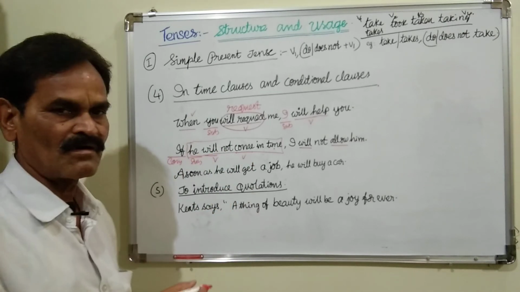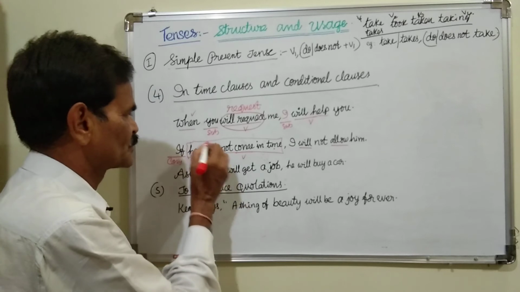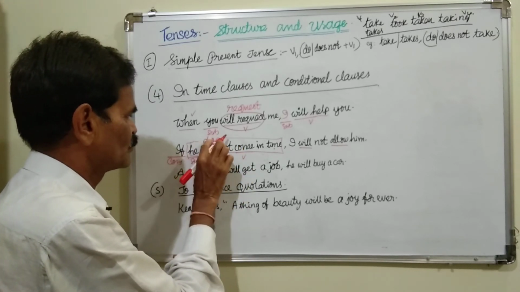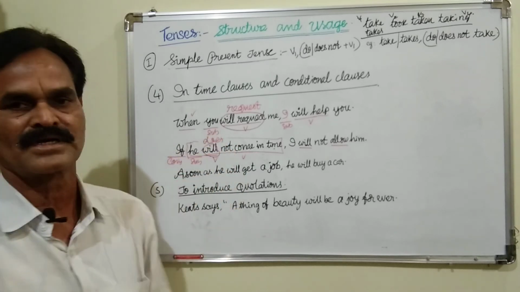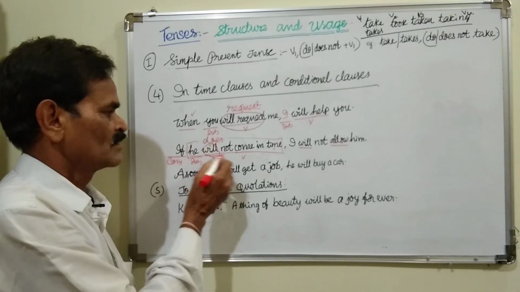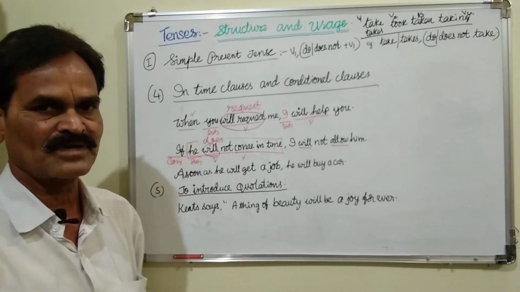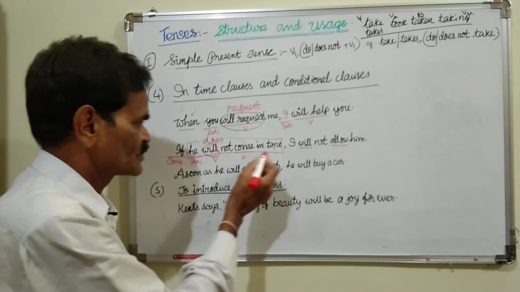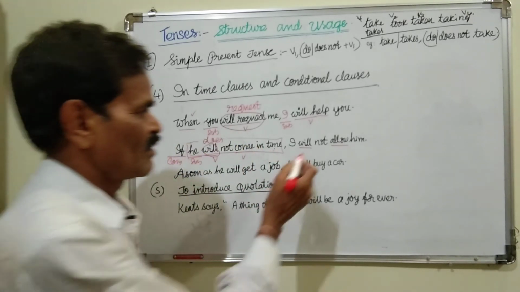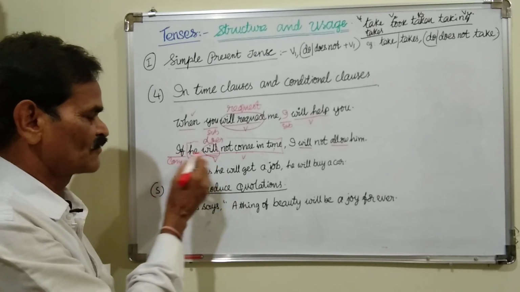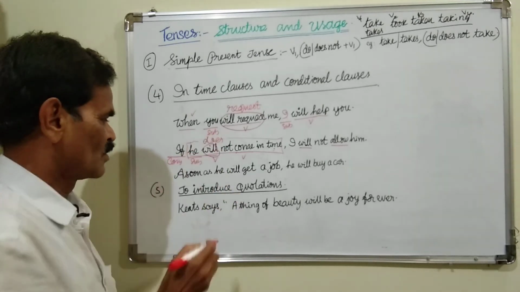In a conditional clause, instead of simple future tense, we use simple present tense. In a negative, we must use do or does, the helping verbs in simple present tense. So, if he does not come in time, I will not allow him. We cannot use shall or will immediately after if. We must use do or does only.